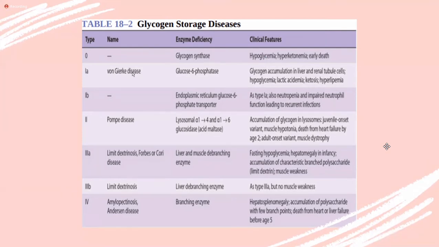Then we have von Gierke's disease, glucose 6 phosphatase. So if you do not have glucose 6 phosphatase and you have glycogen synthesis, there will be an accumulation of glycogen.